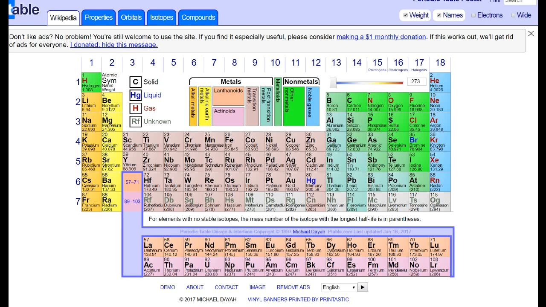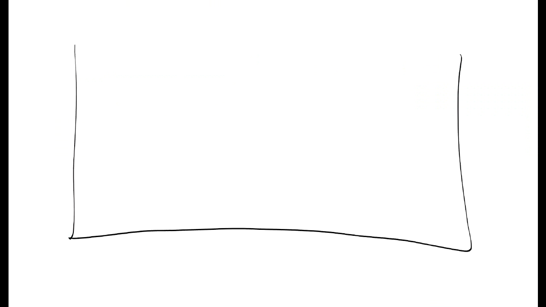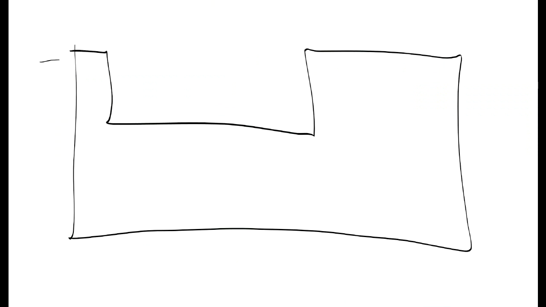All right. So just remember the periodic table. Okay. So let's go ahead and draw it again. N equals 1, N equals 2, N equals 3, N equals 4, N minus 1.